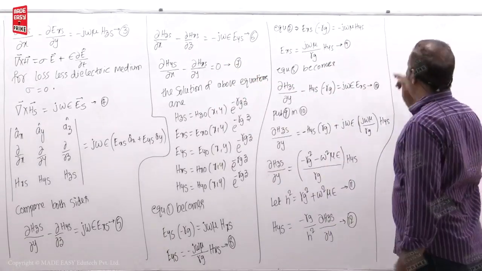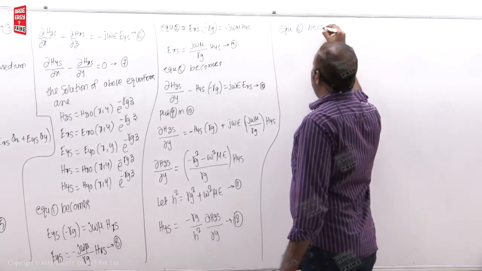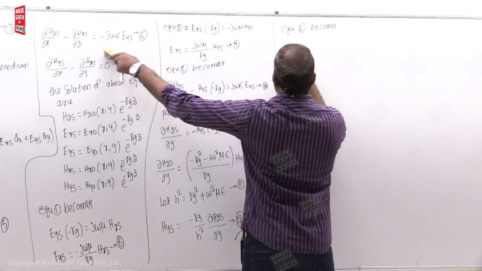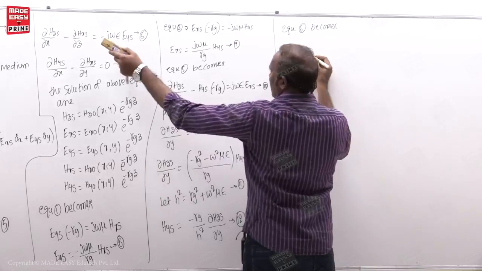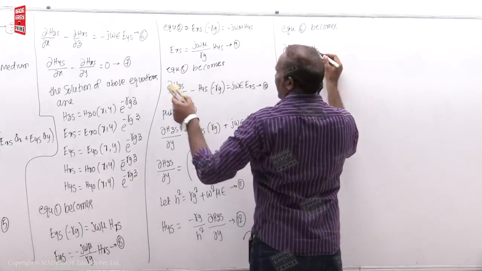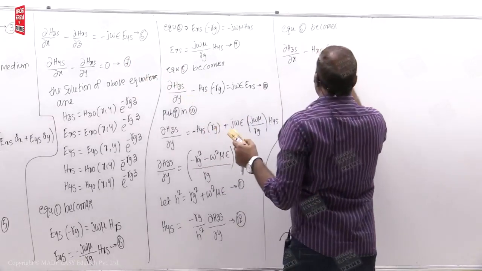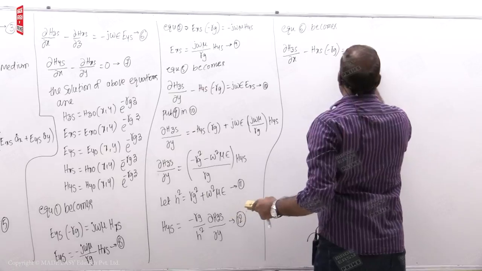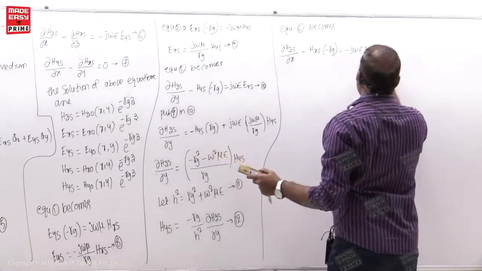So equation 6 becomes dou Hzs divided by dou x minus Hxs minus gamma g minus j omega epsilon Eys.